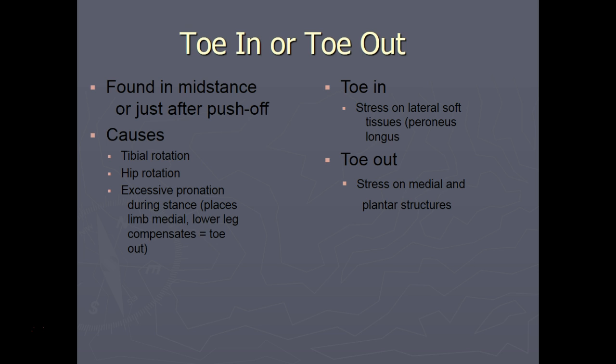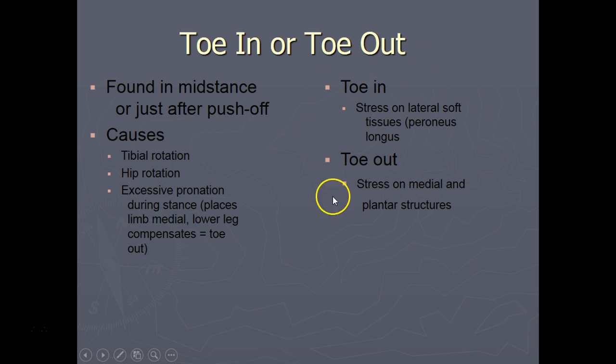It could be many different things. If you identify the toe in or toe out, from a differential perspective, the first thing that I want to rule out is whether or not they have some type of coxofemoral abnormality, and then I would go to the tibia secondarily. Most often when you see these, though, it's usually some sort of muscle imbalance, tightness and or weakness on one side or another.